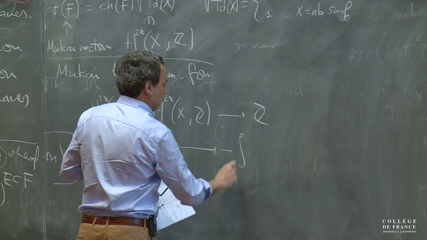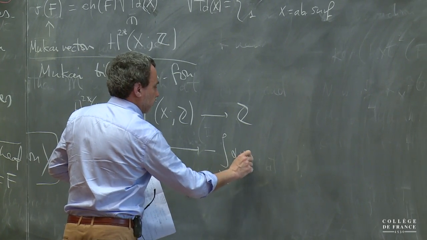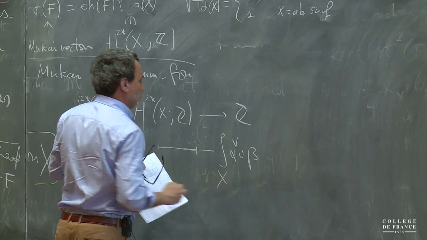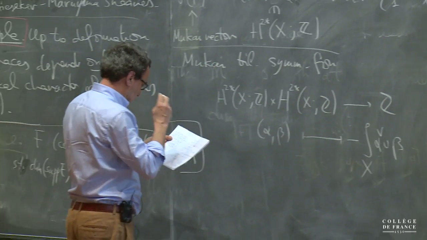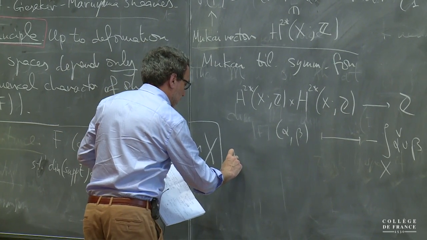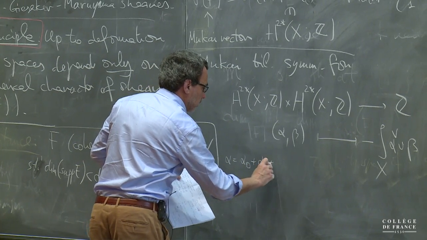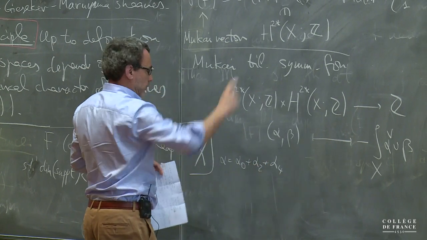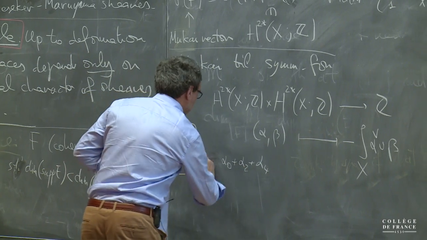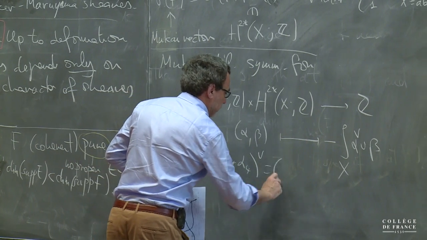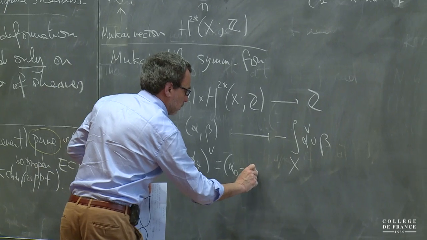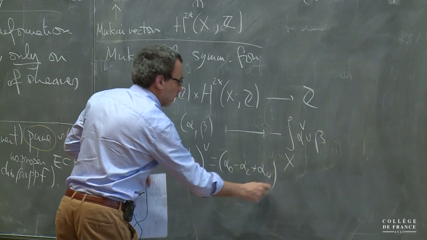We map them to the dual of alpha, so these are the components in H0, H2, and the dual is simply defined accordingly.